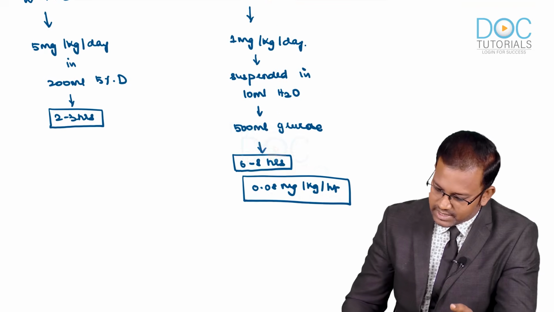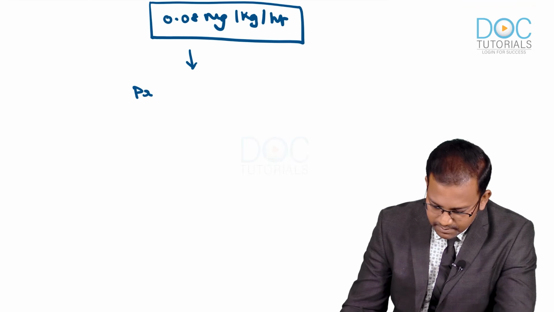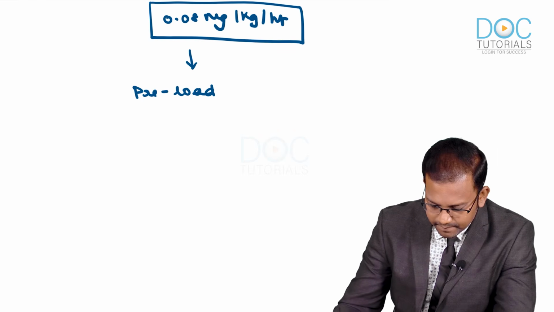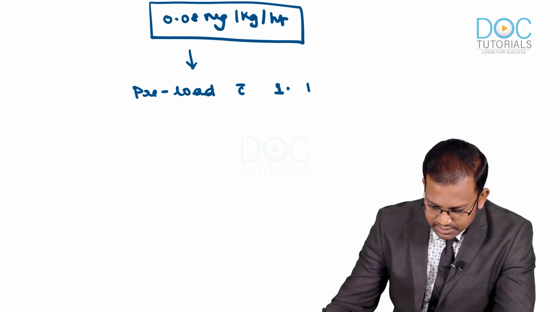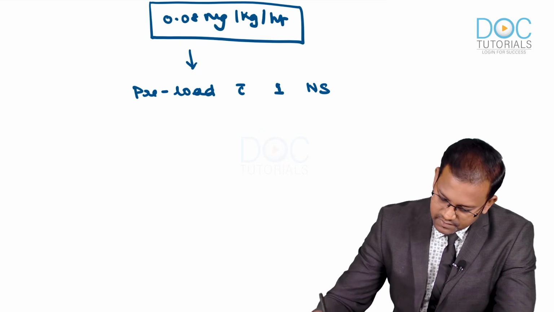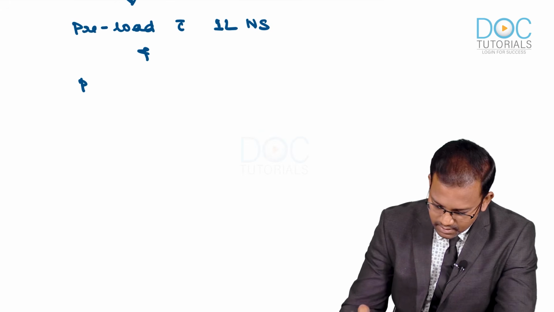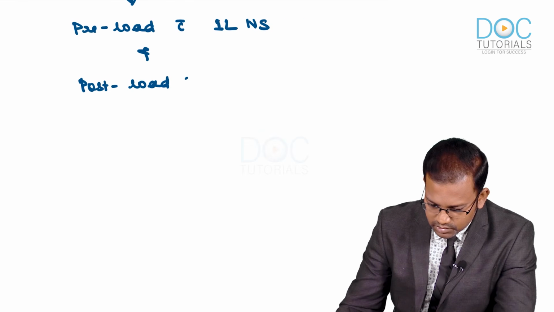Why is this very important? Usually, to prevent nephrotoxicity, we preload the patient with 1 pint, or 1 liter, of NS and post-load the patient with 1 liter of NS.